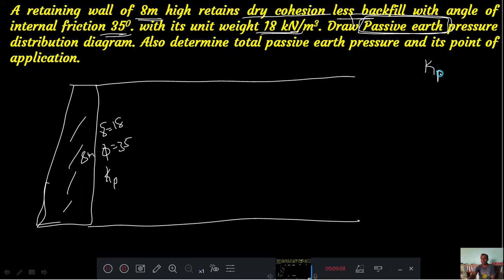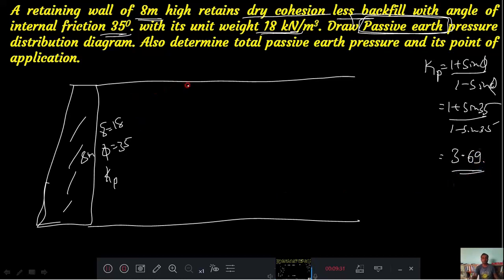That Kp is 1 plus sin phi divided by 1 minus sin phi, that is equal to 1 plus sin 35 divided by 1 minus sin 35. The answer is 3.69.